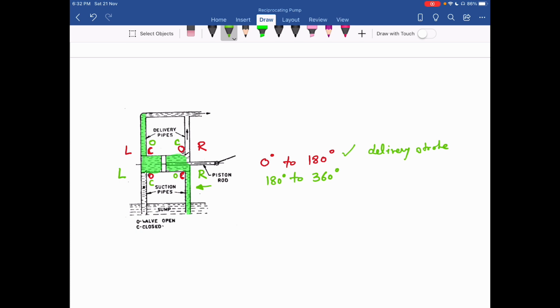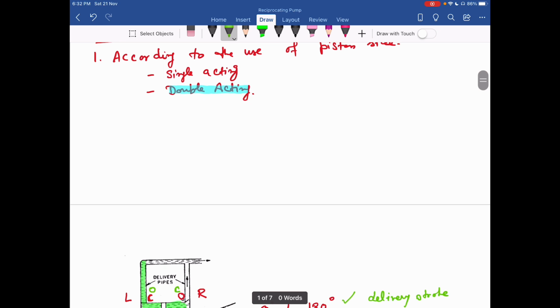Okay, even when my piston moves from 180 degree to 360 degree, during that also I have one delivery stroke. In both the rotations, I got one delivery stroke and one suction stroke. So that is my double acting reciprocating pump.